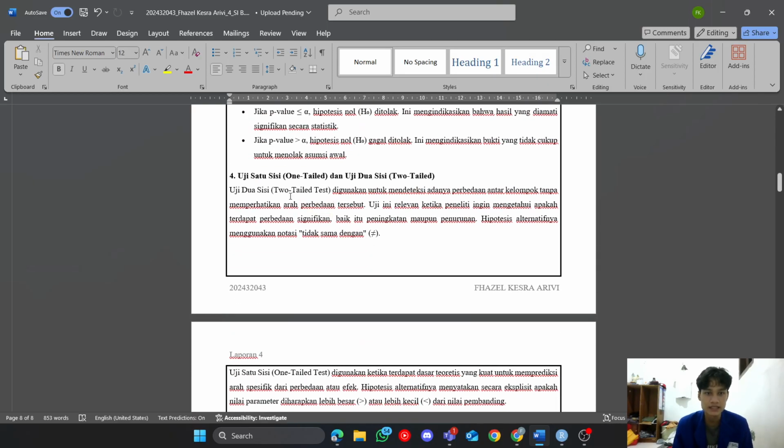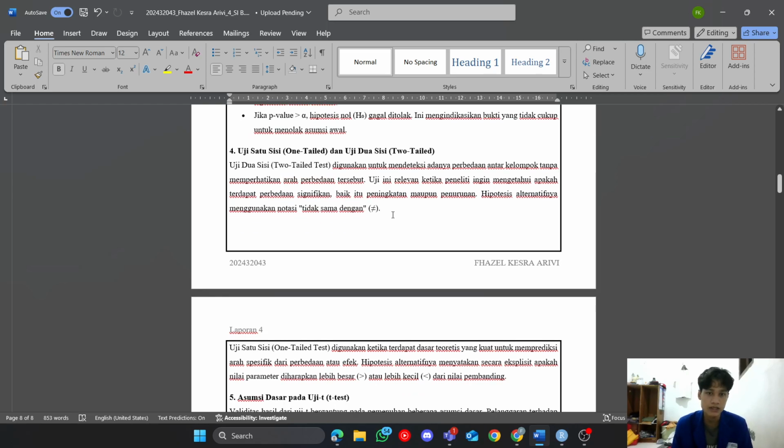So there is a one tail test and a two tail test. One tail is just less than or greater than, and two tail is both of them, so it may be less than or greater than at the same time.